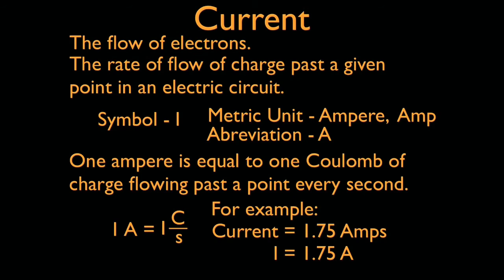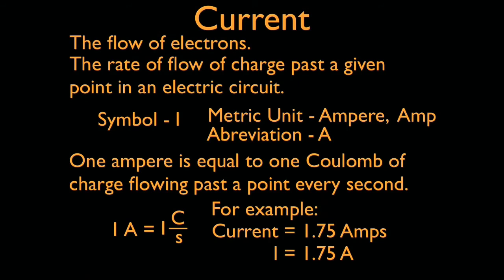These charge carriers can be either electrons or holes, but the majority of charge carriers available in any conductor are electrons. So in general, we say that current is free flow of electrons.